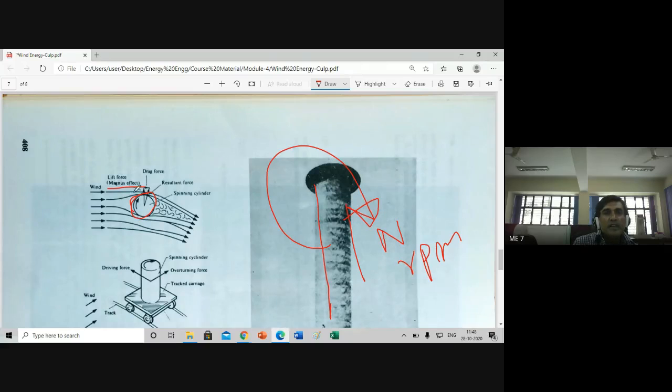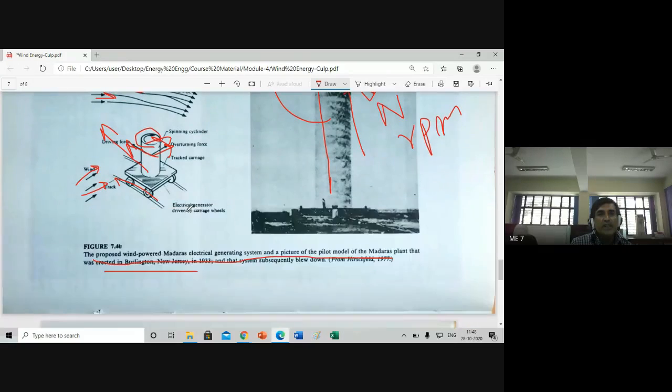Look at this: lift force, drag force, wind. See, driving force. Wind is flowing like this. This is the track, overturning force, driving force. And this is rotating and it moves like this. Tractor carriage. Because of the wind, it is moving. Electrical generator driven by the carriage wheels. This is one practical application.